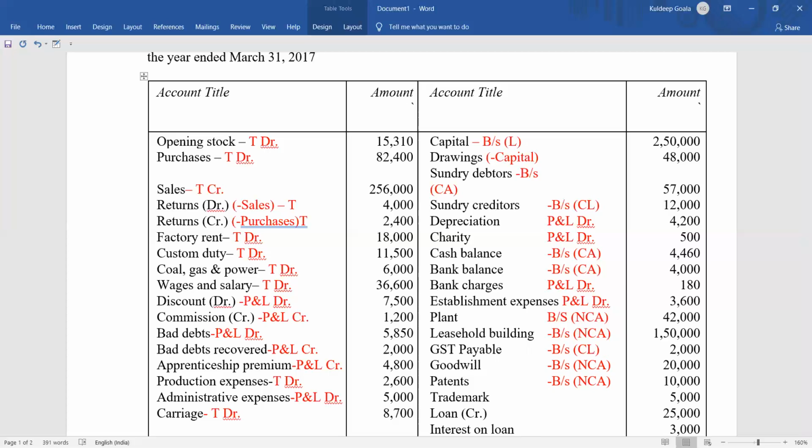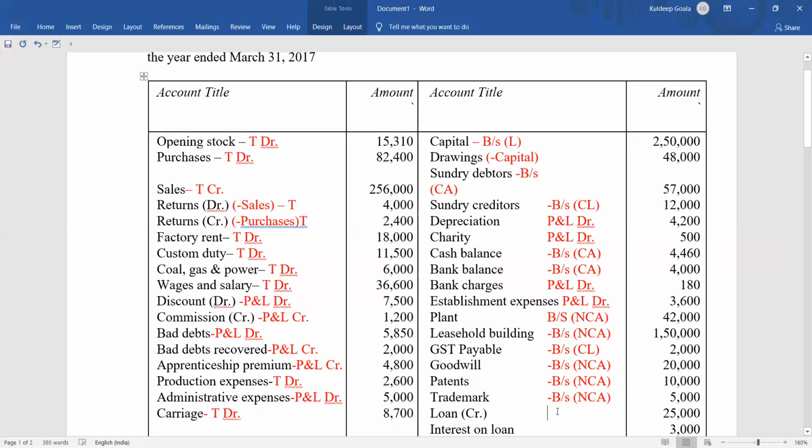Like suppose I have developed a very unique model of a car. Now I can patent that and sell it to those who are willing to make that model, and no one else can copy it. That is called patent. That is also a balance sheet non-current asset. Then again, trademark, it is also a balance sheet non-current item.